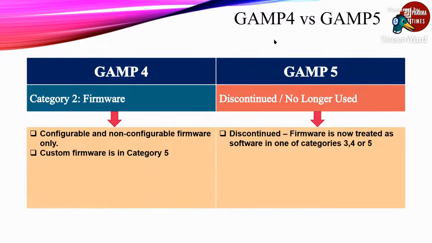Custom firmware is in category 5. So in GAMP 5 this category is eliminated, discontinued and no longer used. Nowadays firmware is treated as software in one of the categories 3, 4 or 5. So this category is eliminated from GAMP 5, the recent guideline.